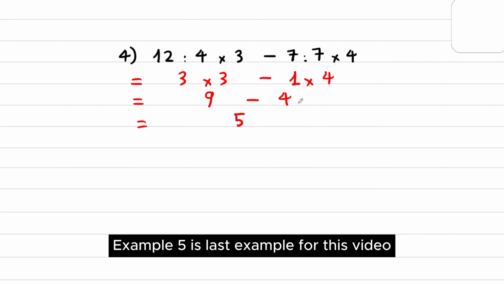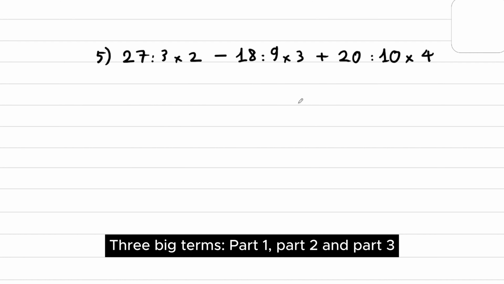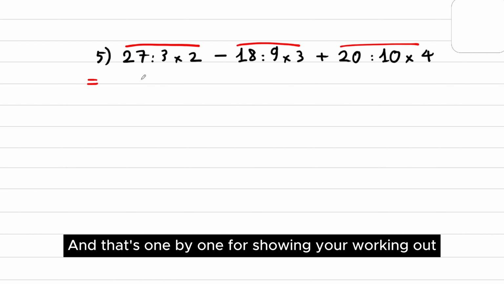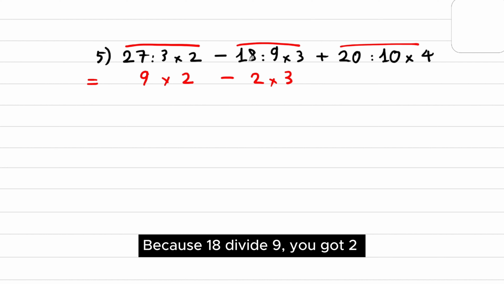Example 5 is the last example for this video. And of course, this is the hardest example. 3 big terms: 1, 2, and 3. Just go one by one for showing your working out. This is 9 times 2. This is 2 times 3, because 18 divided by 9, you got 2.